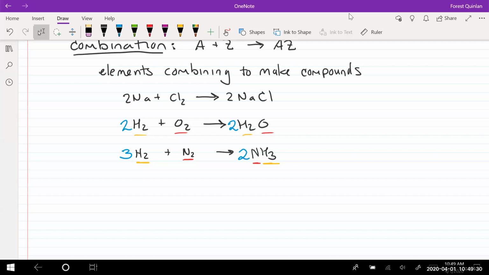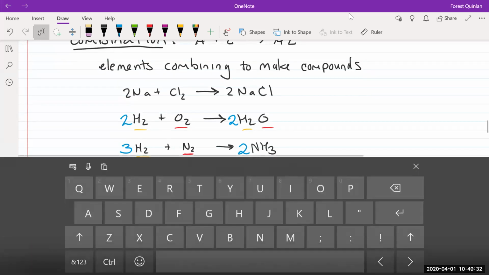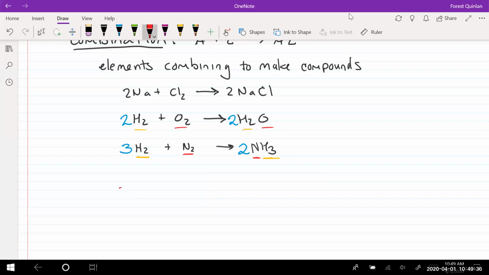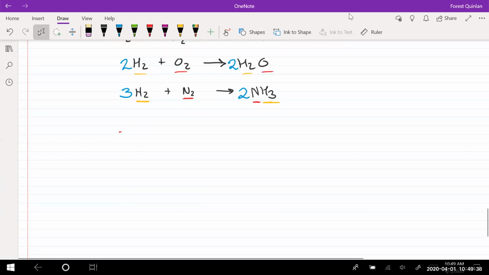If you can combine things, you can break them apart. That is going to be the decompositions. So the next one here is decomposition.